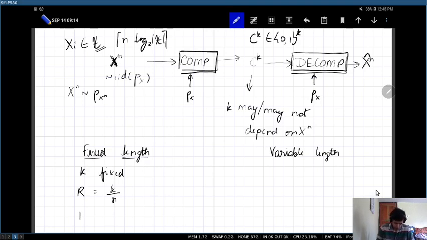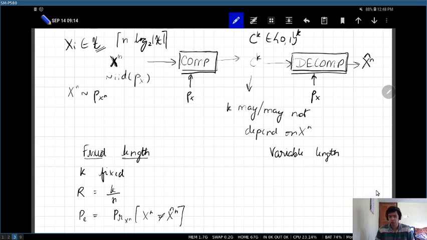So the quality of a fixed length compression algorithm is determined by this quantity, the probability of error, which is the probability, taken over x^n, of x^n not being equal to x^n hat. So we allow the decompressor to make an error, but the error happens only for certain files.